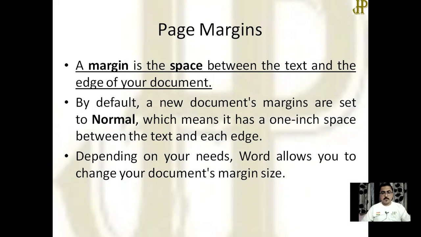What is it? It means it has a 1 inch space between the text and each edge. But again, depending on your needs, Word allows you to change your document's margin size. So how? Let us check.